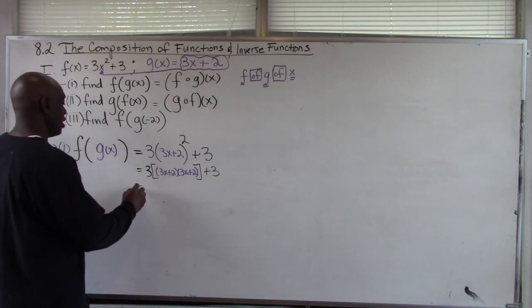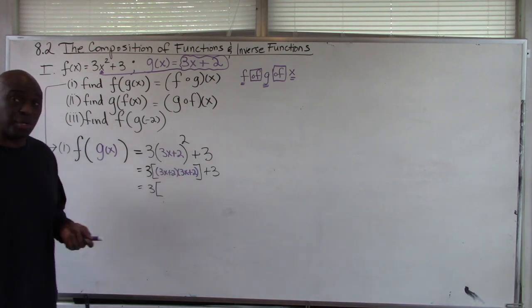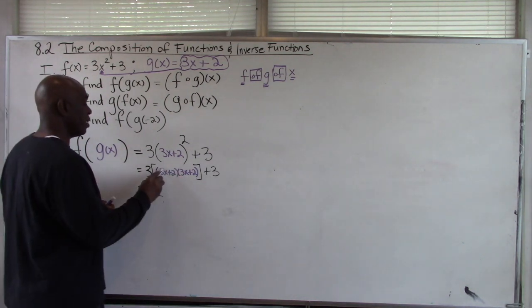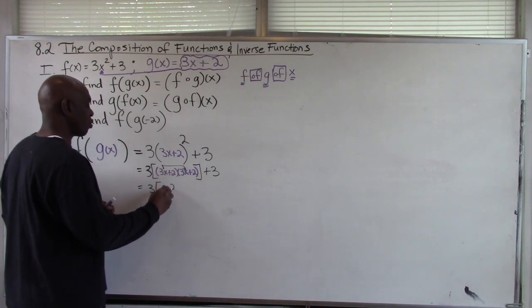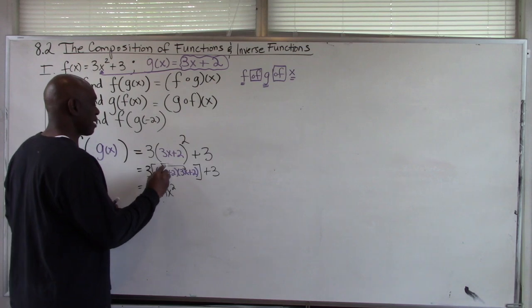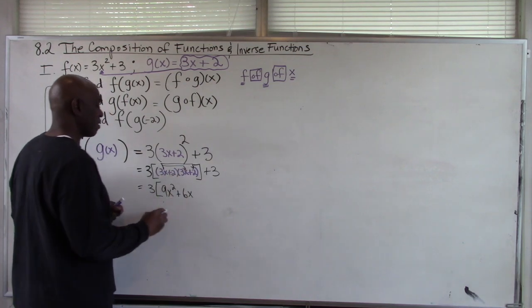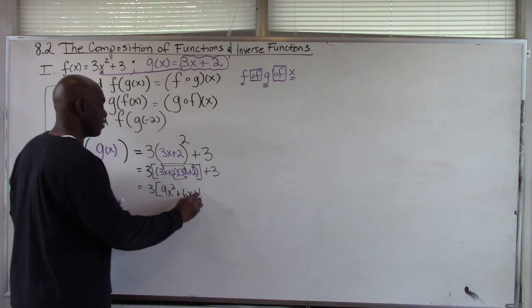Alright, so this is going to equal 3 times, and at this stage you got to FOIL it. So you got to go 3x times 3x, and that's 9x squared. And then 3x times 2, and that's plus 6x. And then this 2 times 3x, that's plus another 6x.